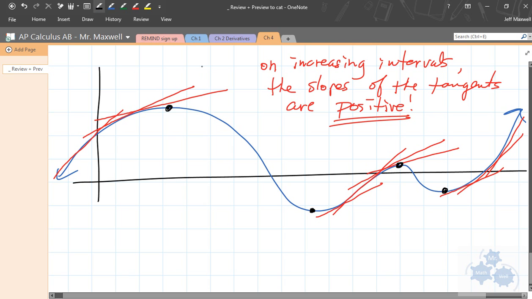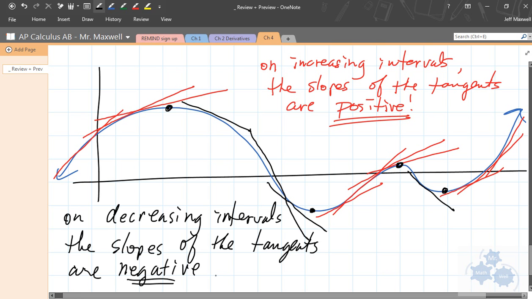Now you can probably see that on the decreasing sections of the graph, well, it's tough for me to draw tangents this way. Okay, that's all I'll draw. But they are all negative, right? So let's jot that down.